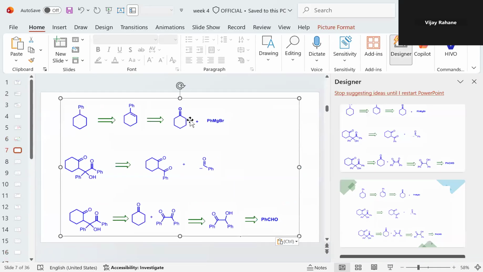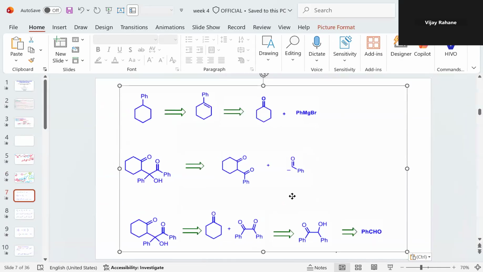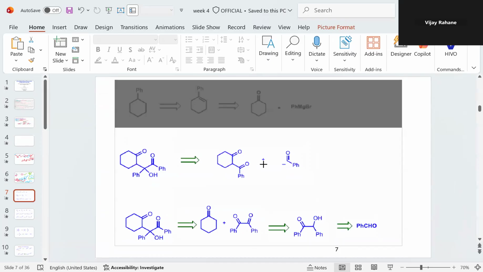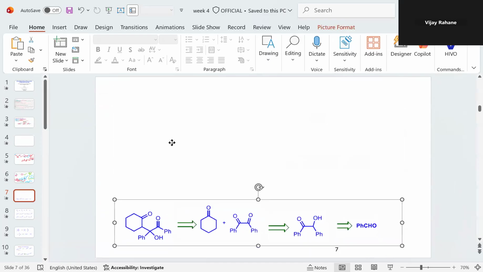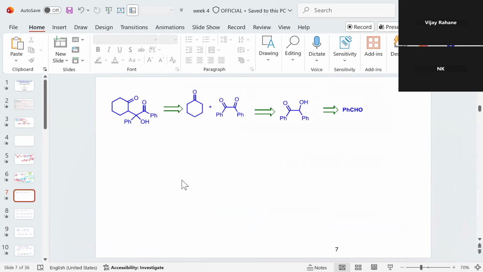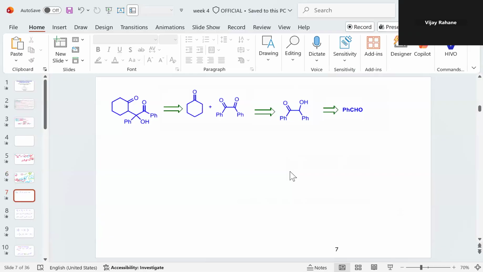Now I will take another example, which is this one. This is also one approach to the retrosynthesis of this molecule.